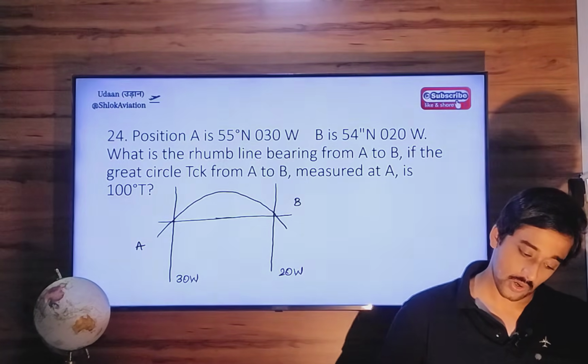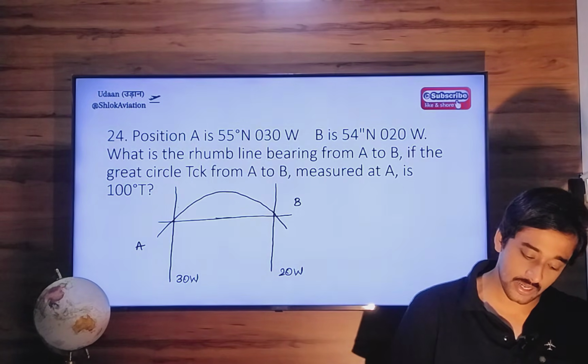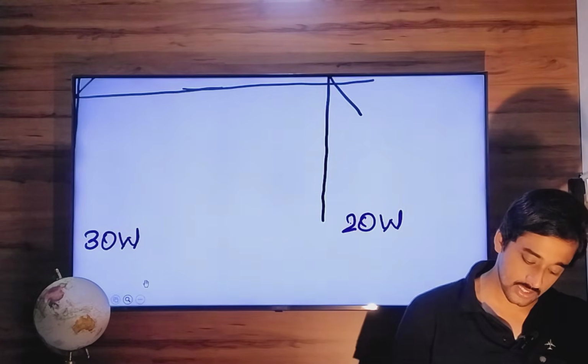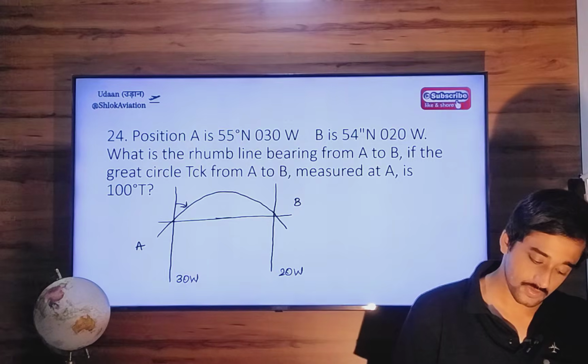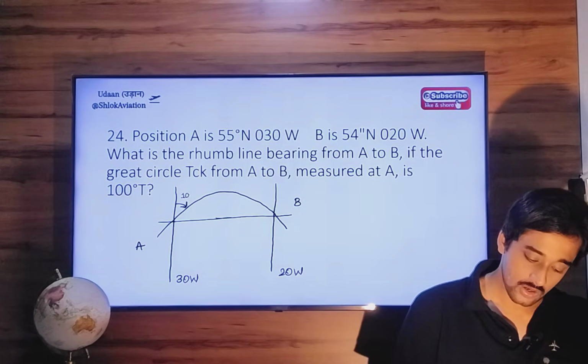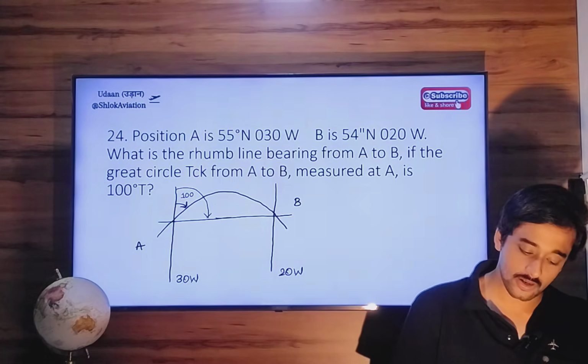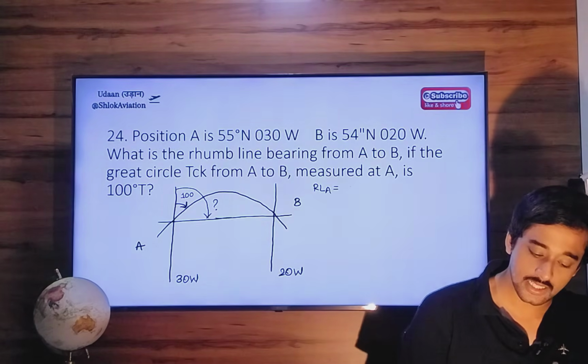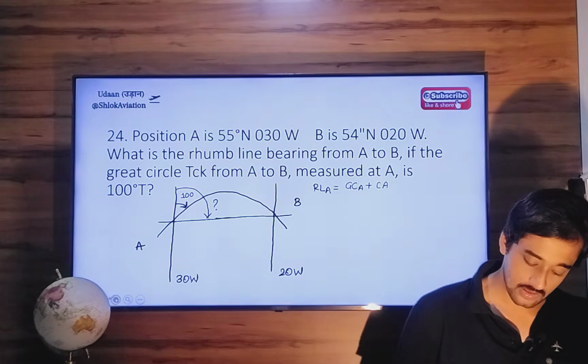Okay, so this is your great circle, A to B, 100. So rhumb line A to B will be what? Rhumb line A to B will be great circle at A plus convergency angle.